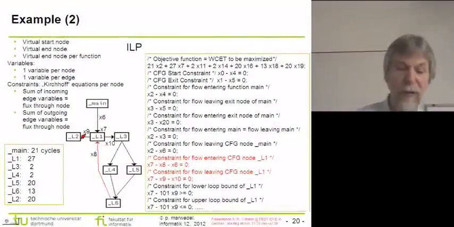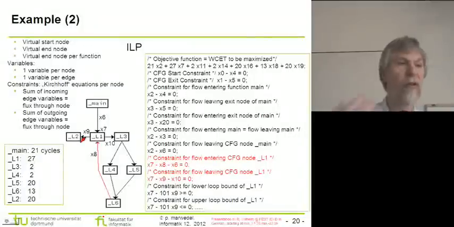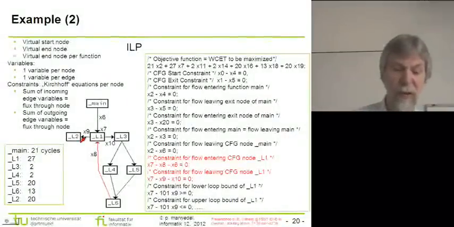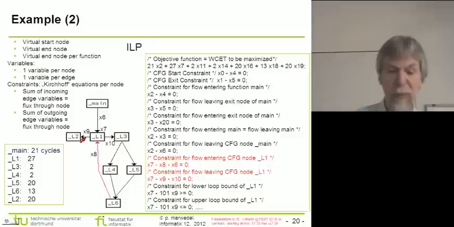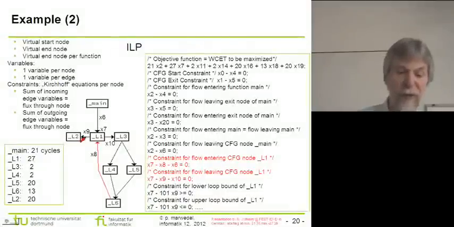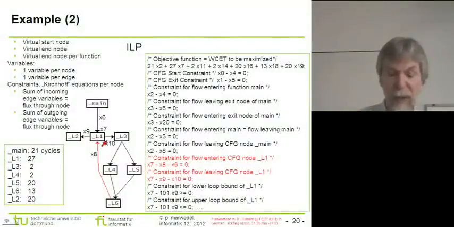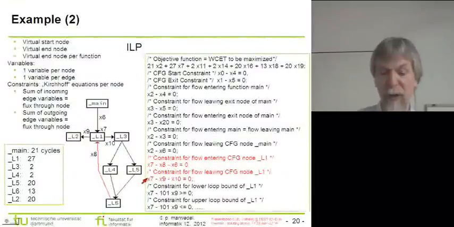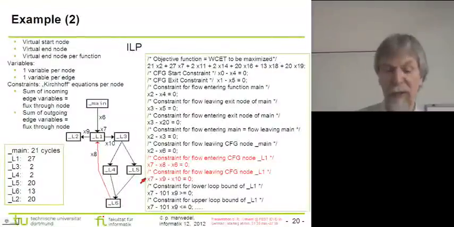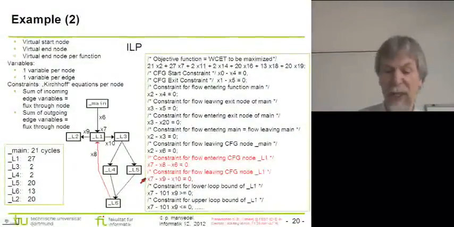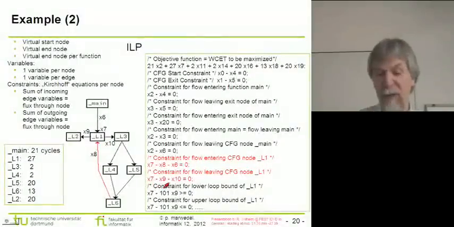And also we can do the same with respect to branches out of the node. These branches are modeled by variables x9 and x10. And since we are leaving this block L1 exactly as many times as we are executing it, x7 minus x9 minus x10 must be equal to 0.